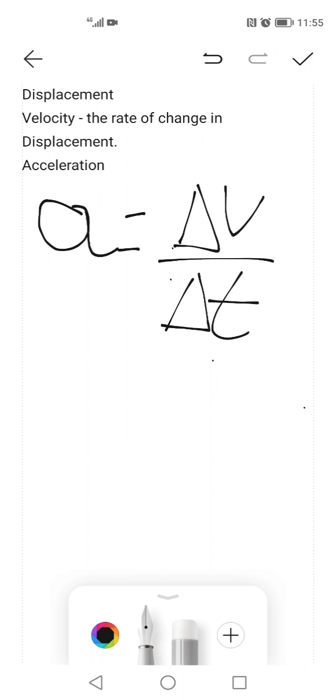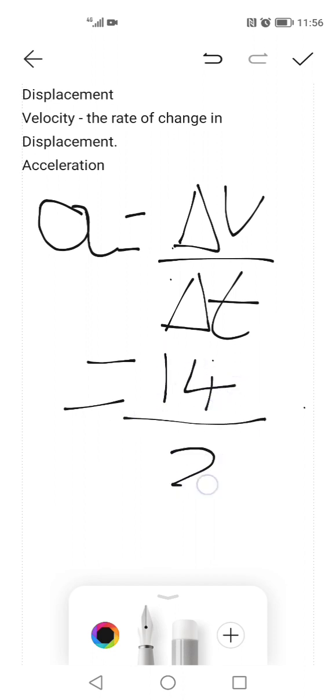So maybe let's say they are telling us that the car moves from rest with a velocity of 14 meters per second, and it took the car 2 seconds. Now we are required to calculate the acceleration. We are given that the velocity is 14 and the time is 2.